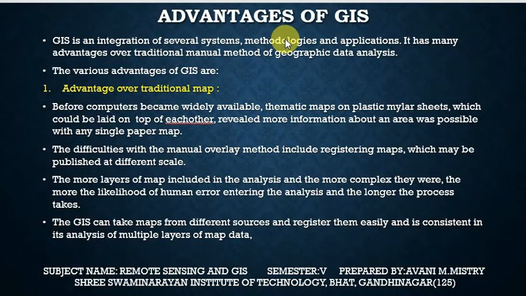Before computers became widely available, thematic maps on plastic transparent sheets could be laid on top of each other and revealed more information about an area than was possible with any single paper map. The difficulties with the manual overlay method include registering maps which may be published at different scales.